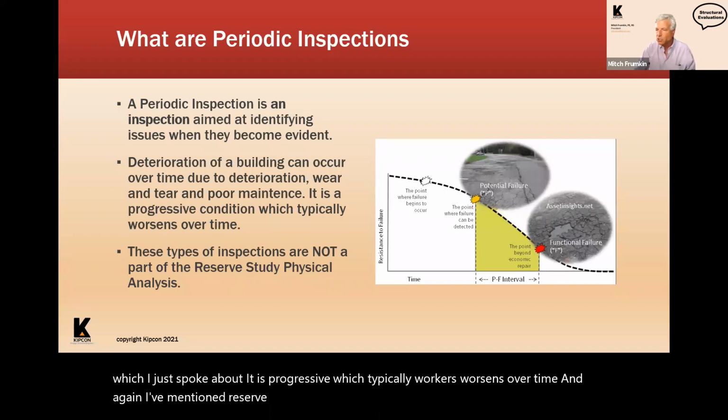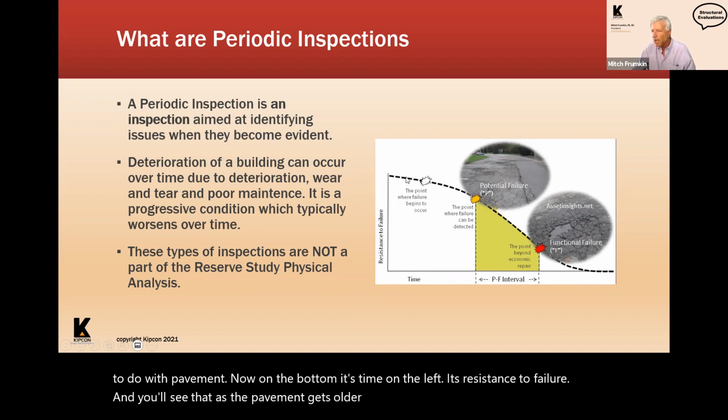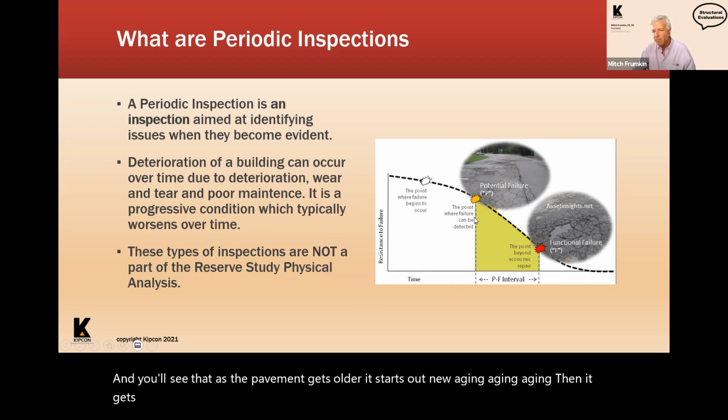Now, I really like this graph that I put in here on the right. This has to do with pavement. On the bottom, it's time. On the left, it's resistance to failure. And you'll see that as the pavement gets older, it starts out new, aging. Then it gets to a point where failure can be detected. So keep in mind, connect this to a periodic inspection.